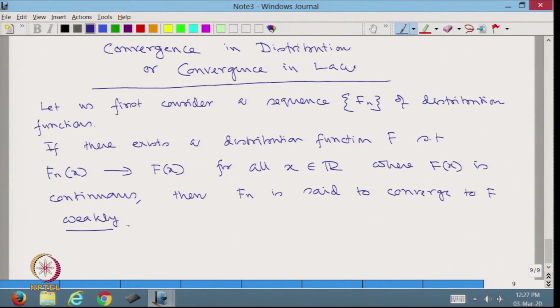That is, it is a weak form of convergence of the distribution functions.